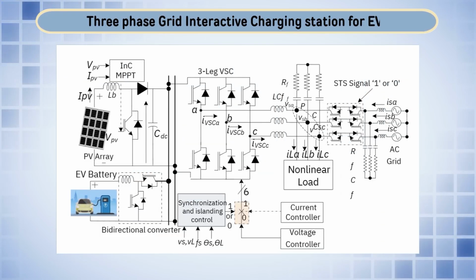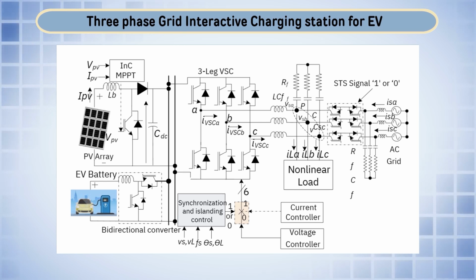Now, if we see the first topology, here we have a 3 phase grid integrated charging station. If we go from left to right, we have one PV array and one boost converter unit. So, it is a 2 stage charging station, where the first stage is DC-DC conversion. Here the boost converter has only 1 degree of freedom and it is regulating the MPPT point.